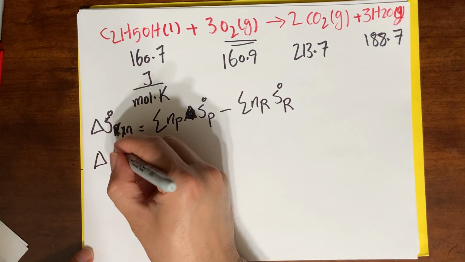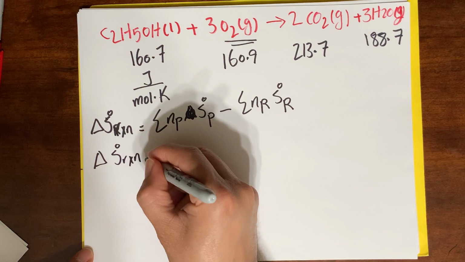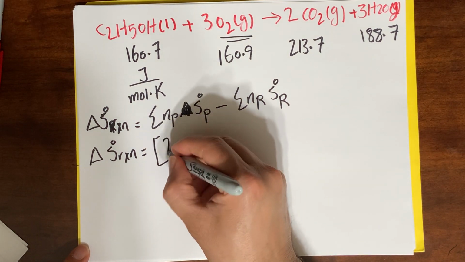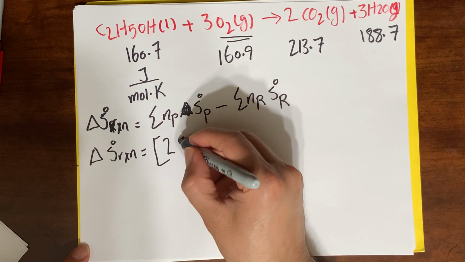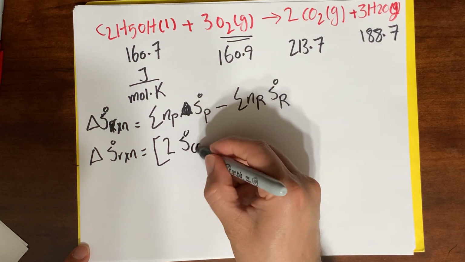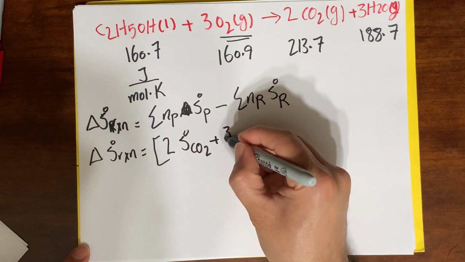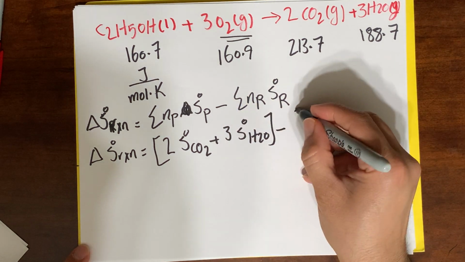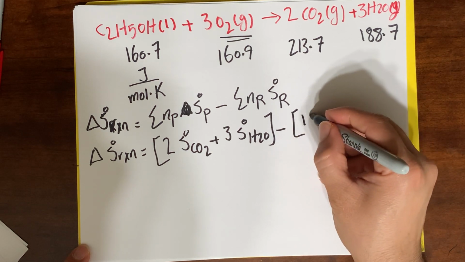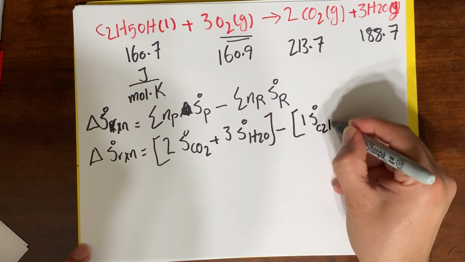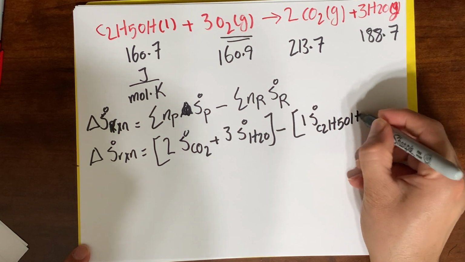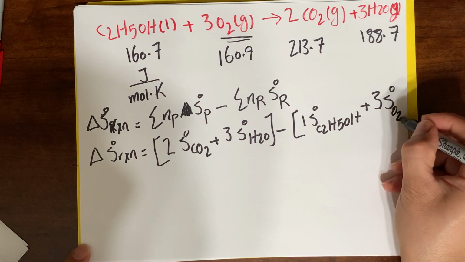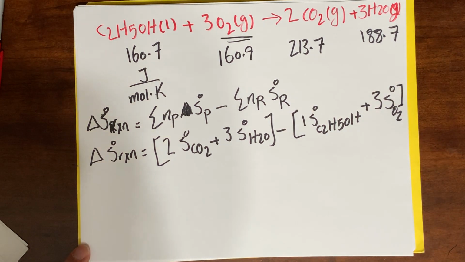So I got delta S of the reaction equal to product: we have 2 multiplied by S of CO2 plus 3 S of H2O, minus 1 S of C2H5OH plus 3 S of O2, and close it.